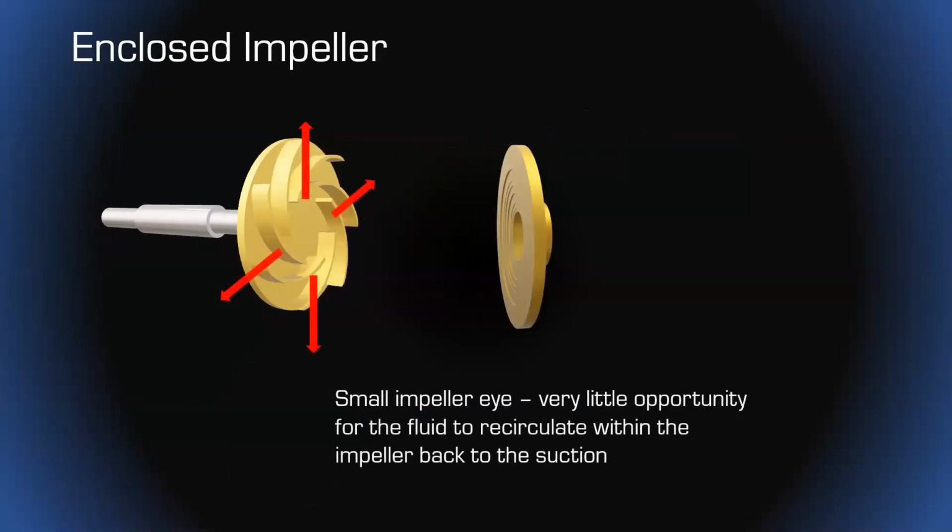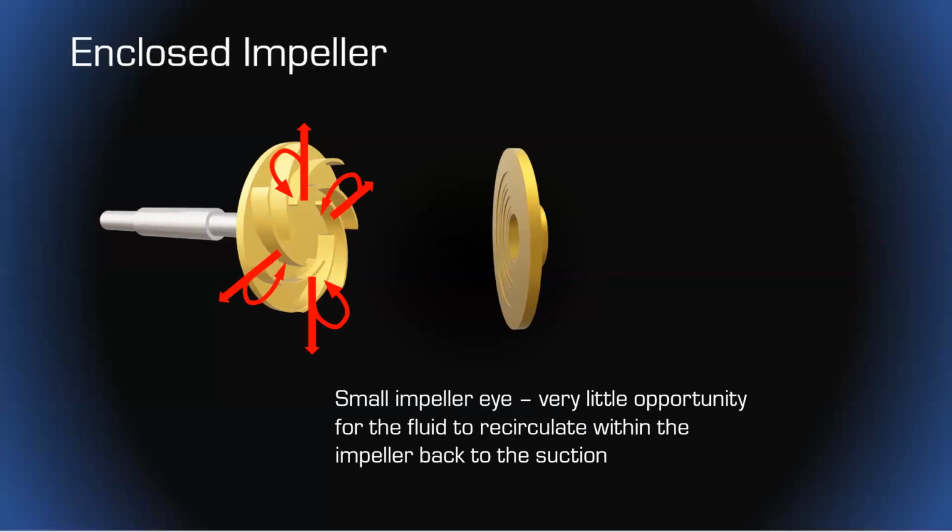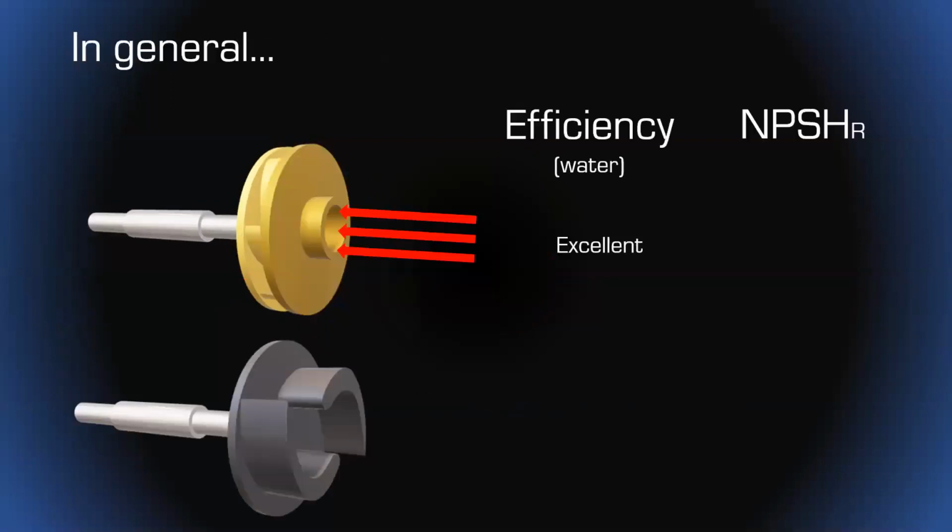Because it's a very small eye, very efficient, there's only a small suction location within that eye, and there's very little opportunity for the fluid to recirculate within the impeller back to the suction. Because that eye is so small, it doesn't influence the liquid as much as it's being thrown outward, and it doesn't drive back to the suction as easily. So it keeps its efficiency. We don't pump things twice.